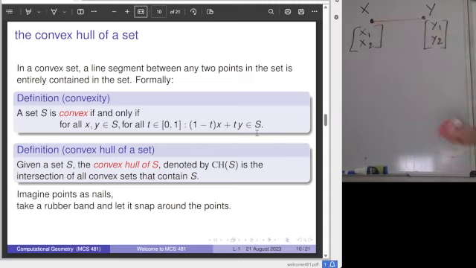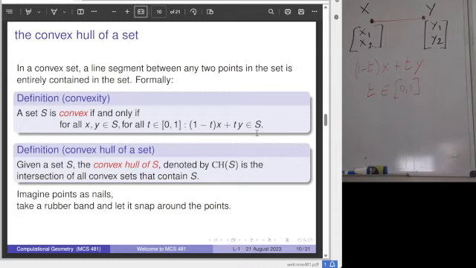And algebraically, this can be defined as all combinations that you can make, all convex combinations, as they say, for any t inside the interval 0, 1. So this is a definition of a line segment that in some sense can be used to extend the first definition of convexity.